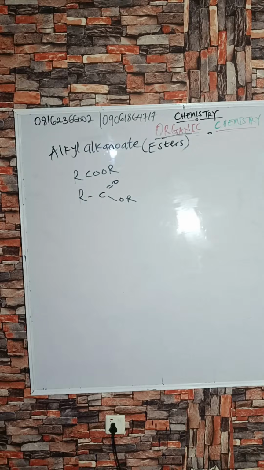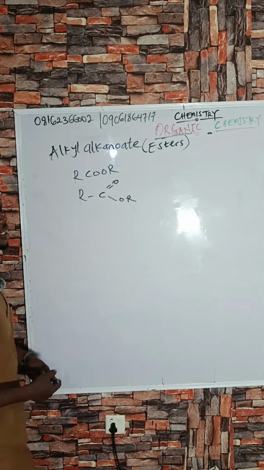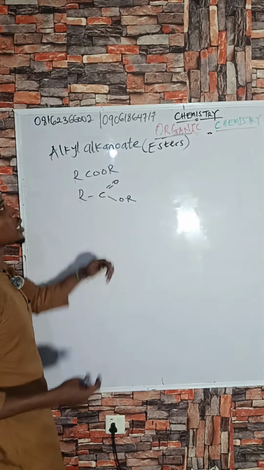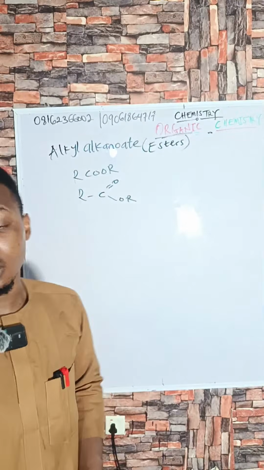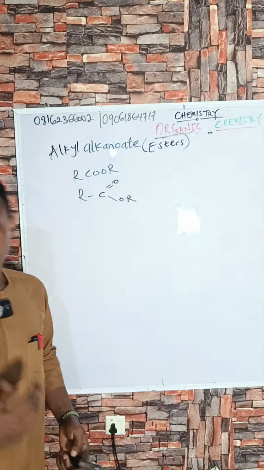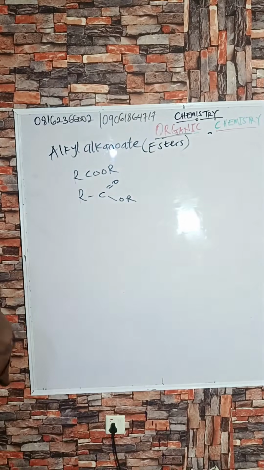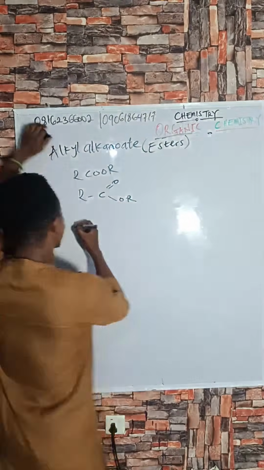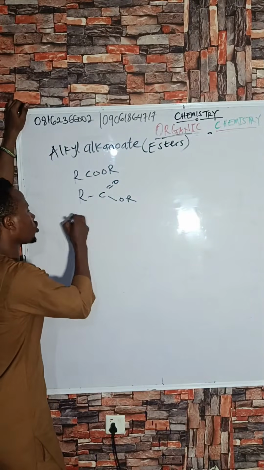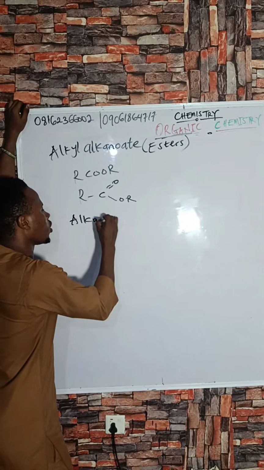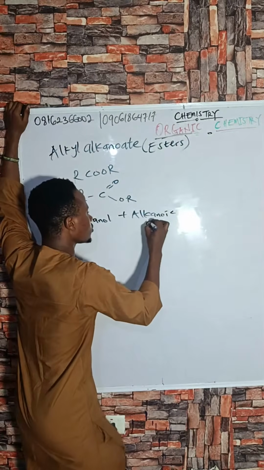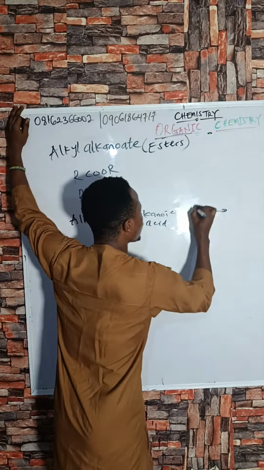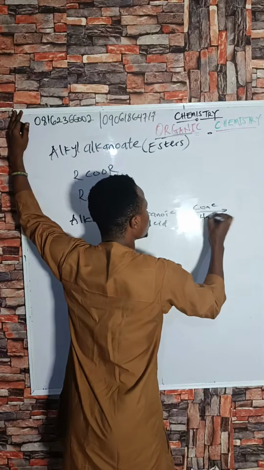So for esters, how exactly do we name them? Well, esters are formed by a kind of reaction called esterification reaction. Esterification reaction is the reaction of an alkanol with an alkanoic acid in the presence of concentrated H2SO4.